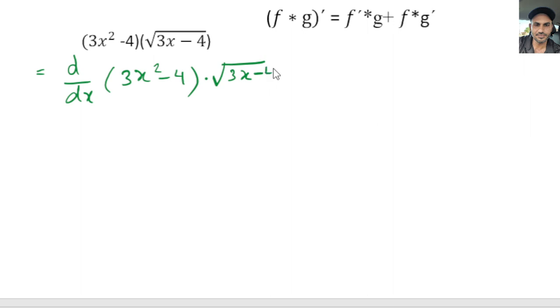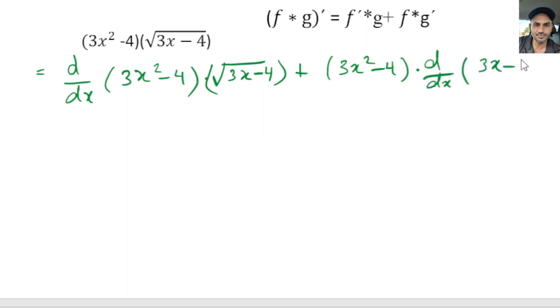We just write it as a multiplication. And now we have our first term right here, 3x squared minus 4. And then we take the derivative of our second term, which is the square root of 3x minus 4. Now let's go ahead and take the derivatives here.